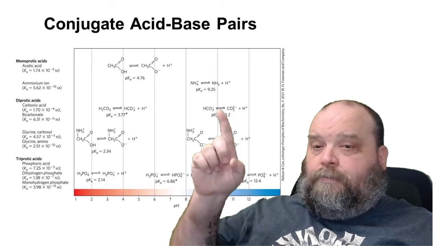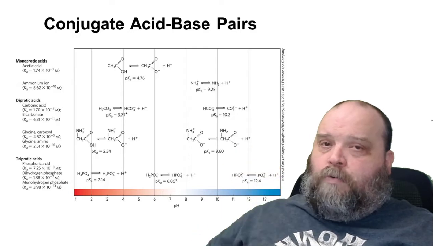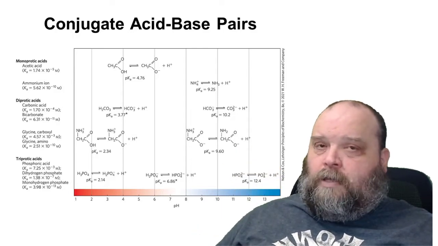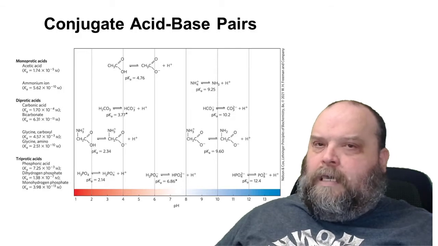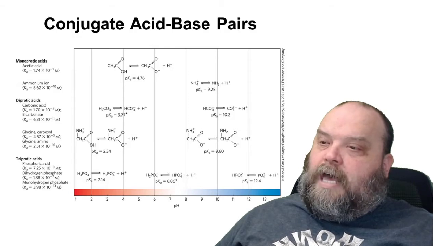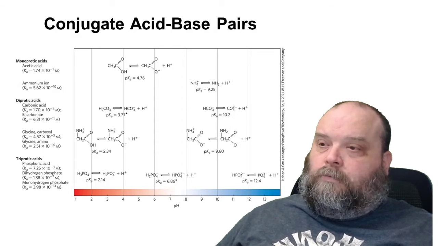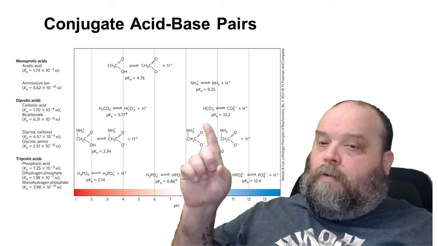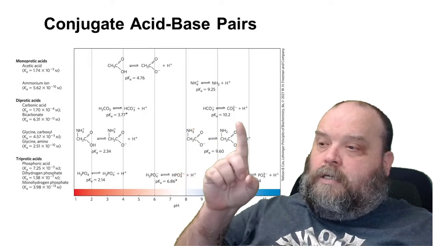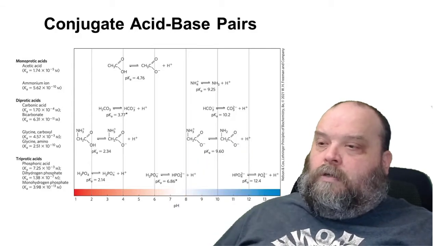You look up at the top here, acetic acid. Acetic acid, around 4.76, calculated 4.7-ish. That's the pKa value for acetic acid. You'll notice that the hydroxyl group of the carboxyl end will give up its hydrogen. Hence you go from acetic acid to that.